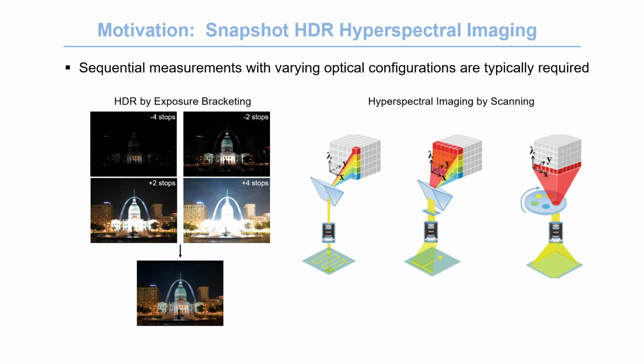However, since these methods only measure subsets of the desired information at a specific time, they face significant challenges when dealing with dynamic scenes. As a result, they are not well suited for real-time or snapshot-based applications. Therefore, our project is motivated by the need of enabling simultaneous high dynamic range and hyperspectral imaging.